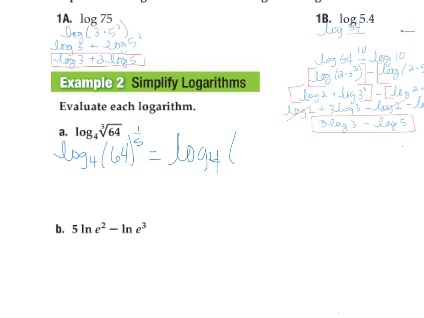And then 64 can be written as 4 to the 3rd, and I still have that 1/5 power. Now I have a power of a power, just like I have in the properties of exponents. So I would have log base 4 of 4 to the, and I would take the 3 times the 1/5, and that's going to be 3/5.